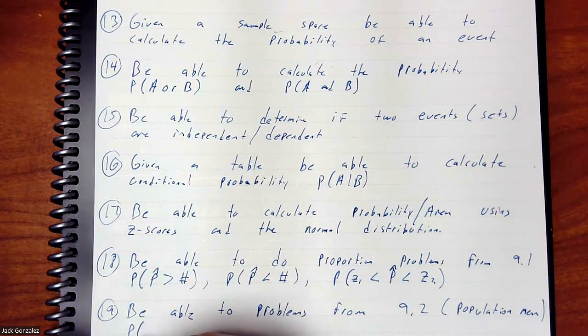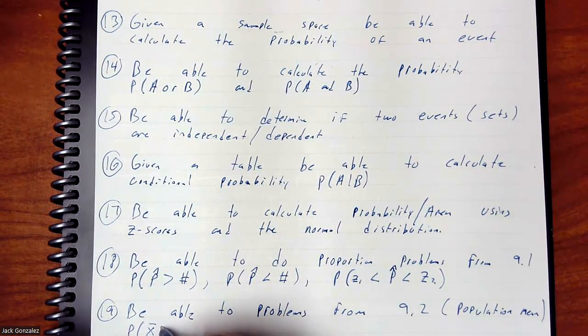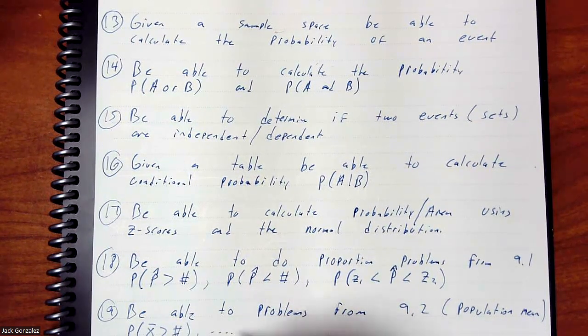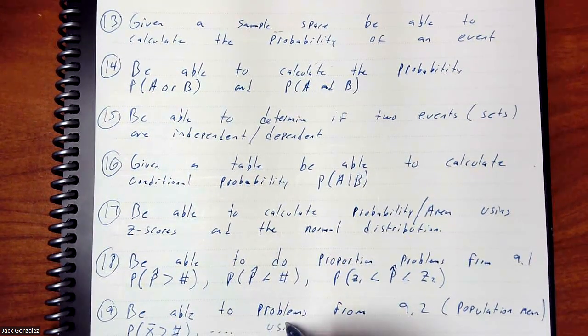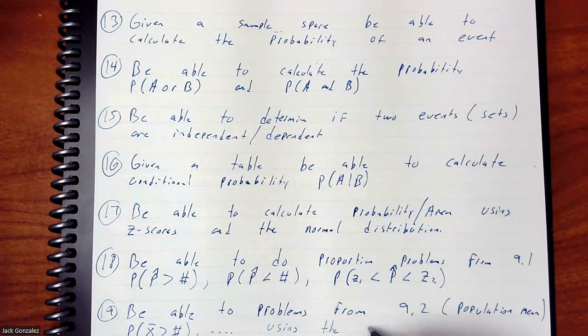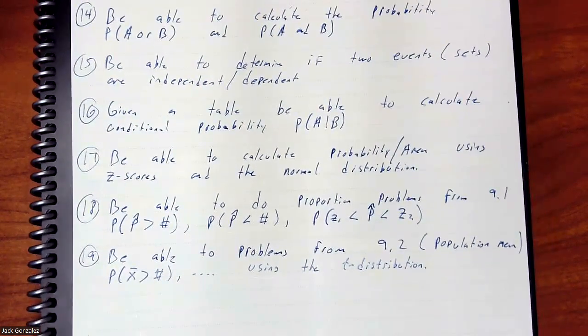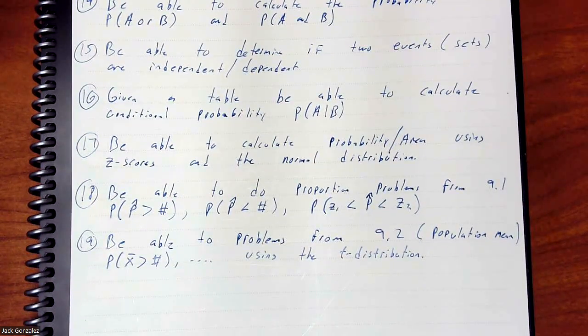Basically, it was questions involving the X bar using the T distribution. You know, it's like, what number or proportion or what probability is above, or is X bar above this number?